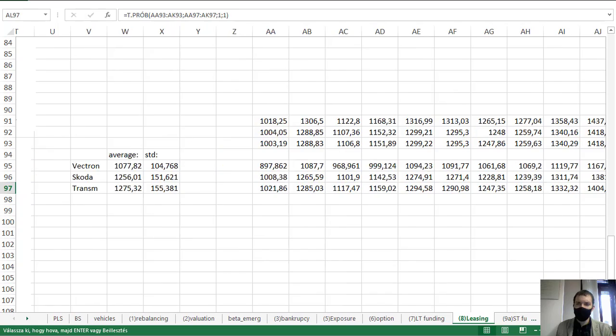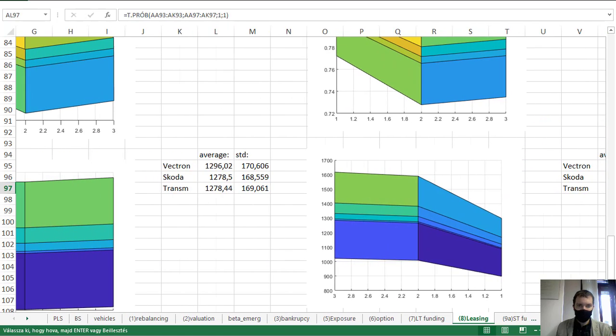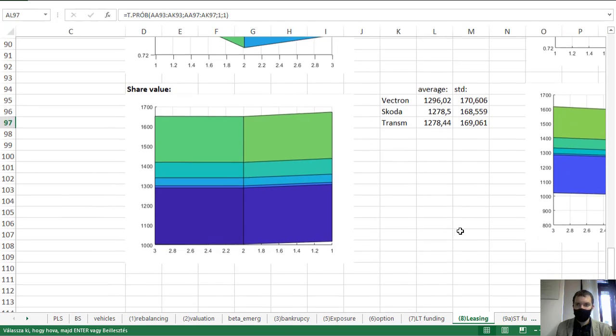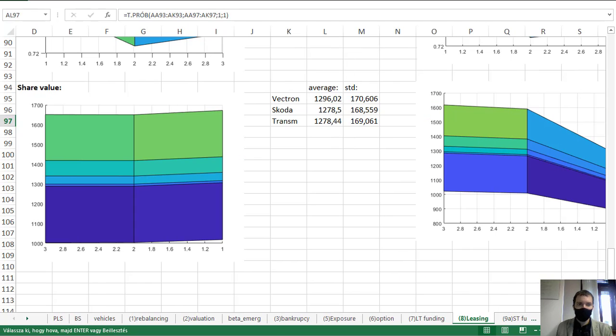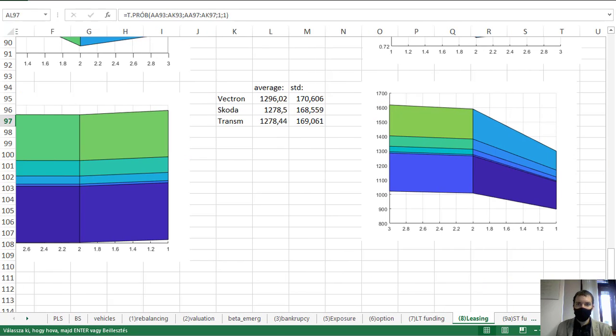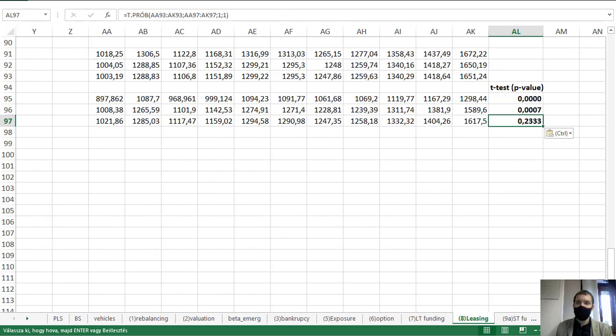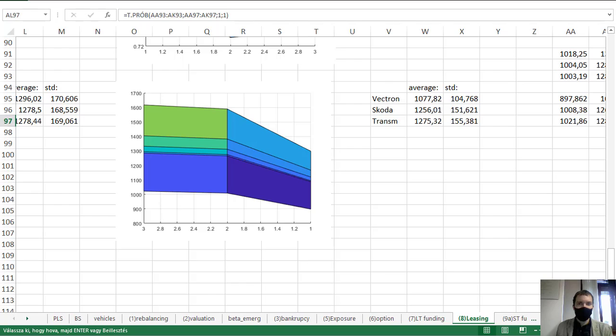Was I interpreting it the wrong way? Okay, let's see. No, actually Transmontana remains the same, the others are suffering. Okay, so it's not misinterpreting.